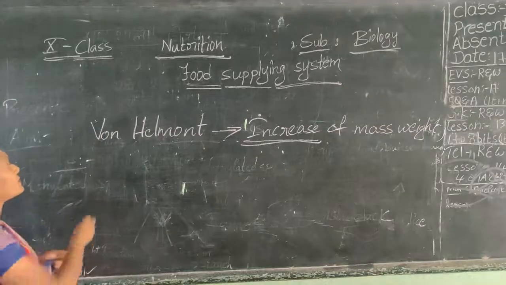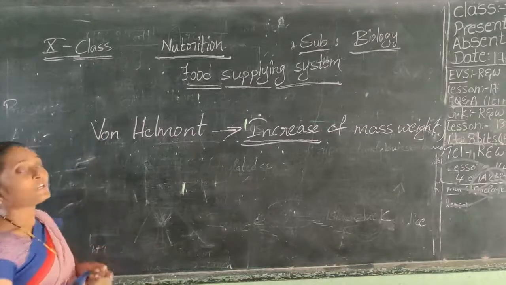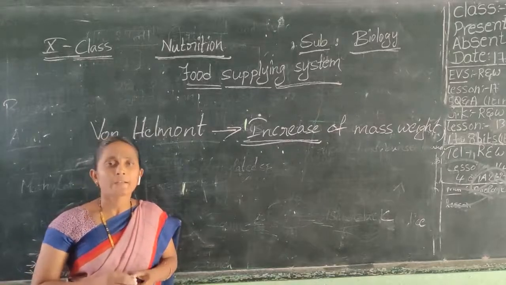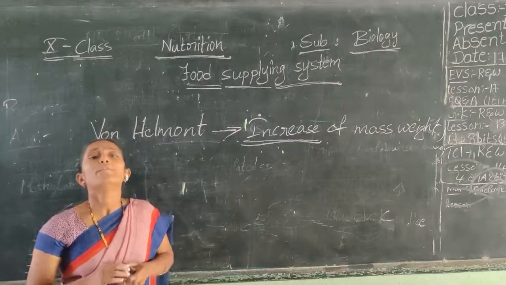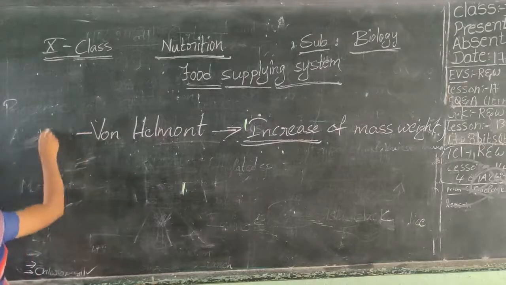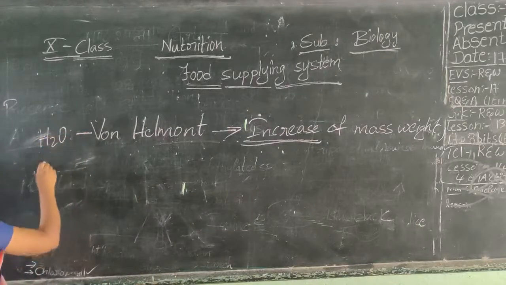And the next one, what is the one more factor? Air is another factor that plays a major role in photosynthesis. Air.